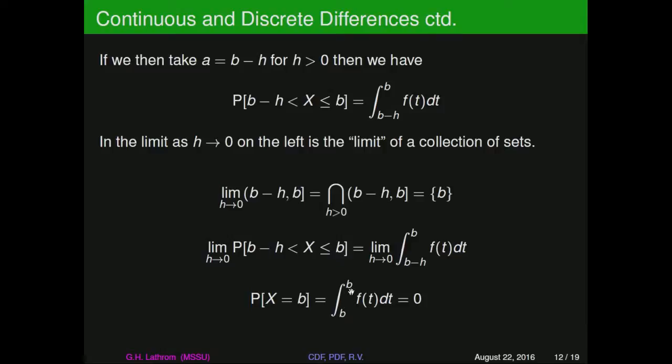So we're taking the integral, and obviously, from Calc 1, that is going to give you a value of 0. And so the probability that we get one particular value in the continuous case will always be 0. Now that's very different from our discrete case in which we started.